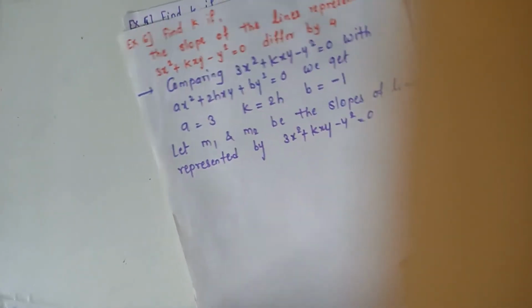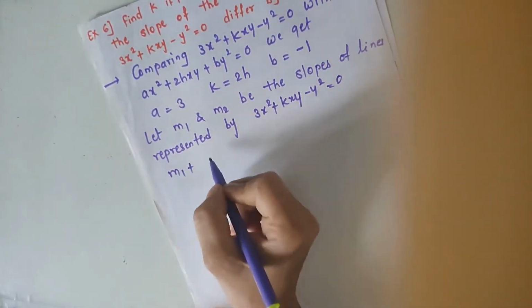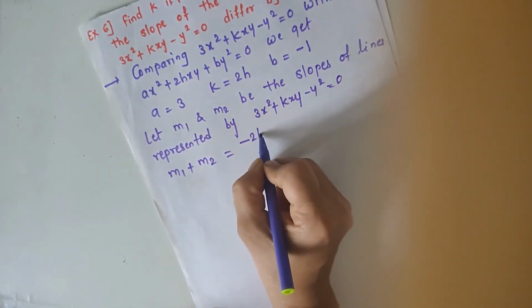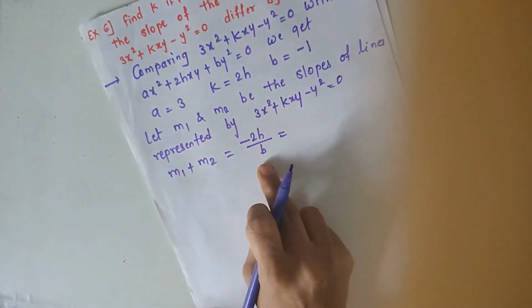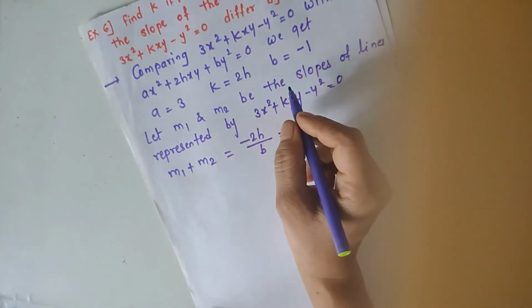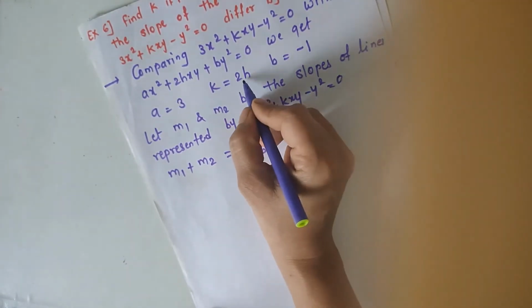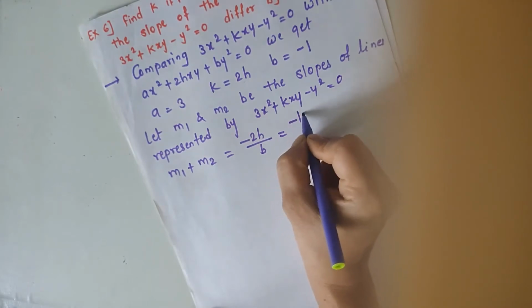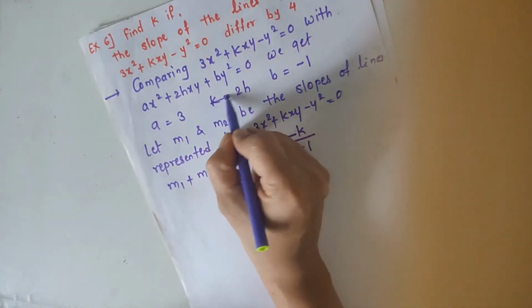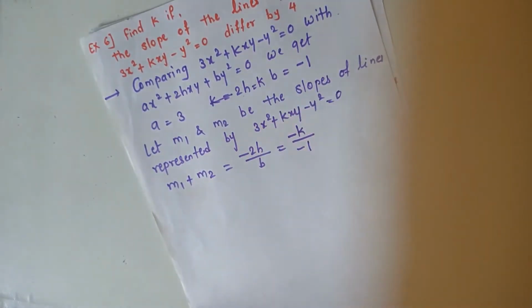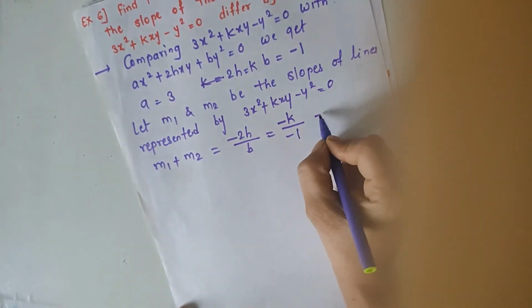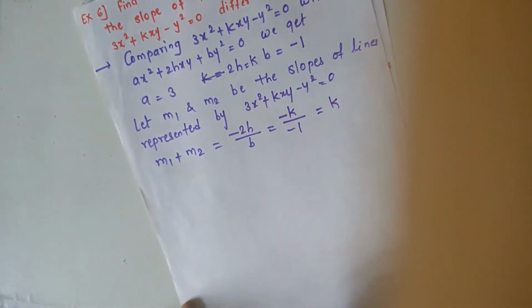Then the sum of slopes of lines is equal to minus 2h upon b. Then using this formula we get the value of the sum of the slopes, minus 2h upon b. Here 2h is equal to k. So minus 2h upon b is equal to minus k upon minus 1, that is k.